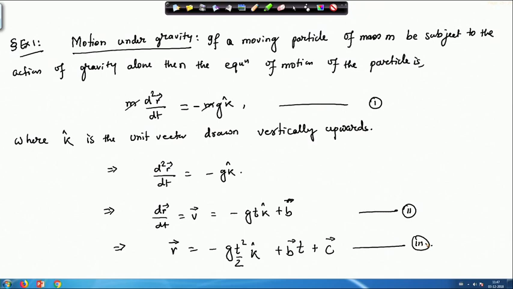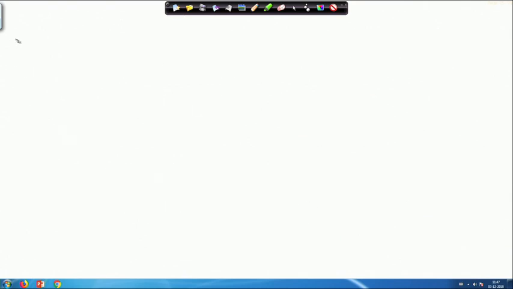I integrated both sides of these equations with respect to t, assuming you are familiar with ordinary differential equations. So, we get a constant vector b, and then I integrated again and got a constant vector c. Now, we have to find the values for b and c.